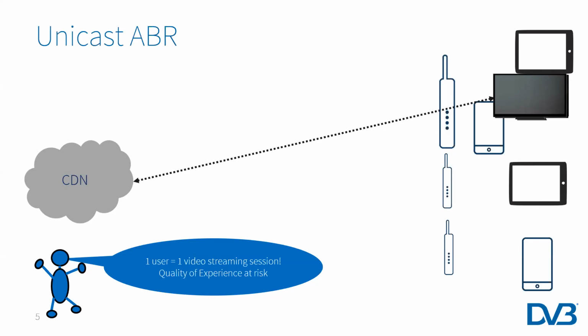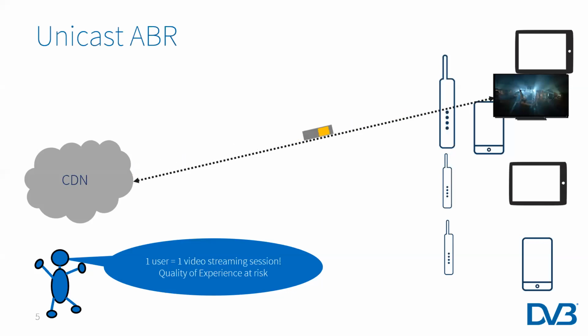So first, Unicast ABR, a very quick refresh of what it is. It's basically a player in the terminal that sends requests to get portions of the videos. So on the CDN side, a video is split in segments, in pieces. And not only is it split in segments, but it is also encoded in various qualities.